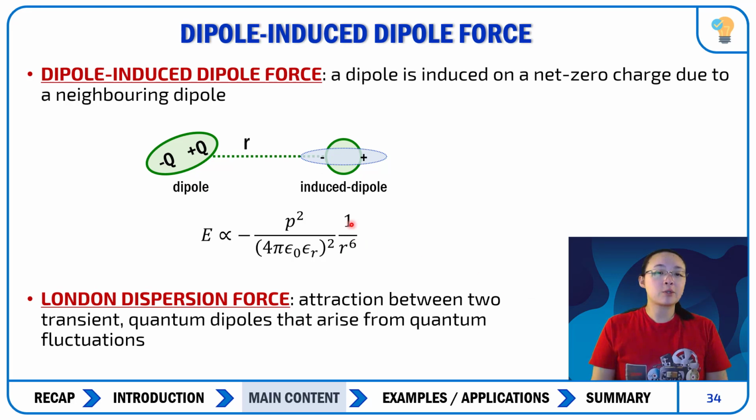But there's also one more we're missing, and the last one, that's if you have two induced dipoles. From whatever sources, it doesn't matter. If you have two induced dipoles, we call this London dispersion force, because there are two transient dipoles or two quantum dipoles that arise from quantum fluctuations.